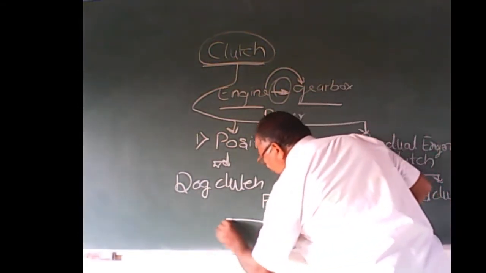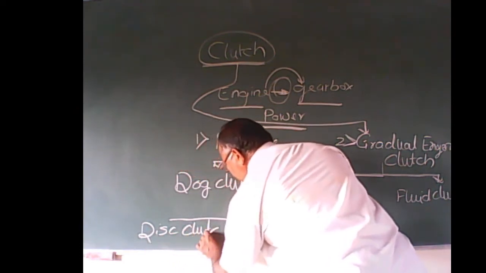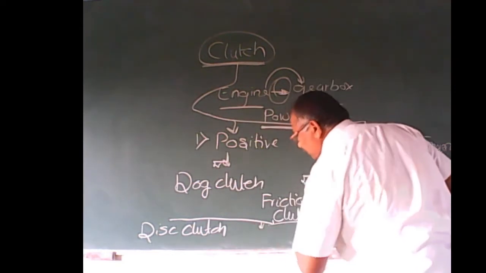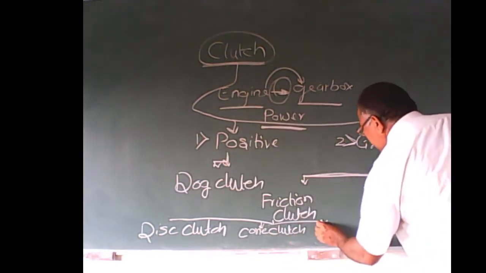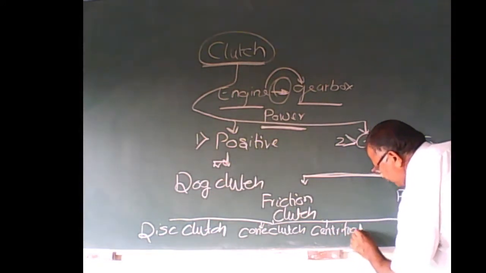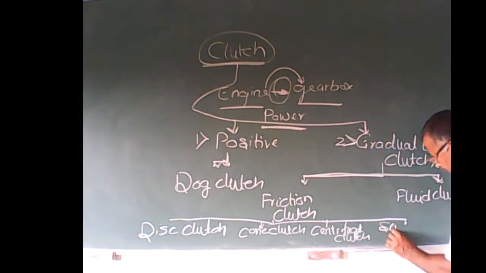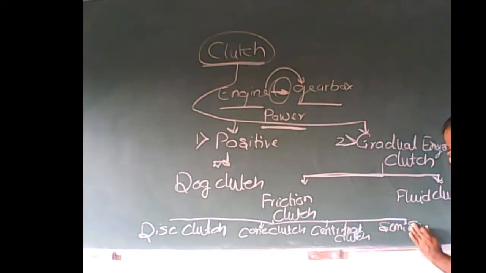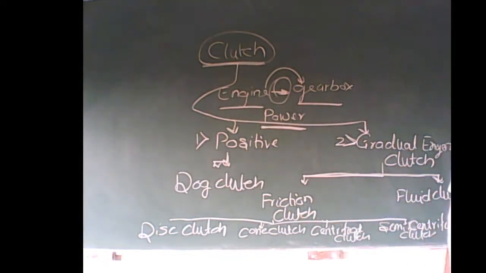Under friction clutch, we are having disc clutch, cone clutch, centrifugal clutch and semi-centrifugal clutch.